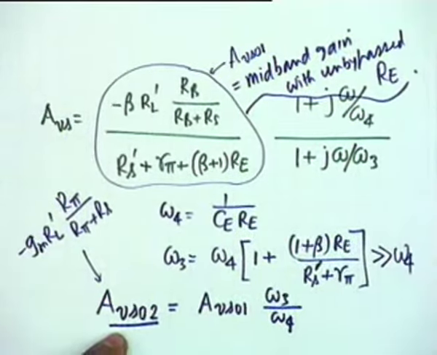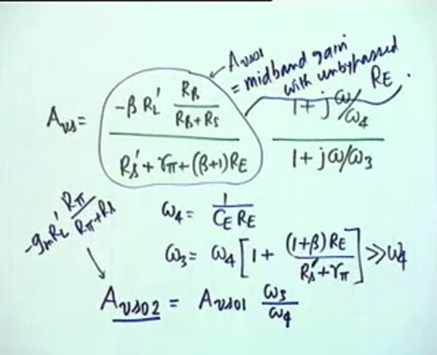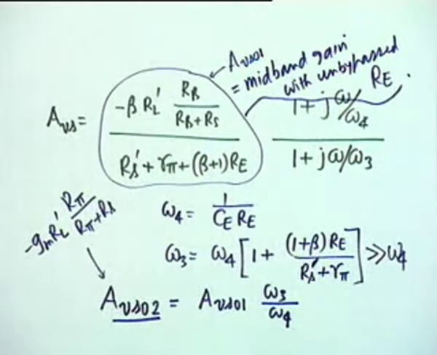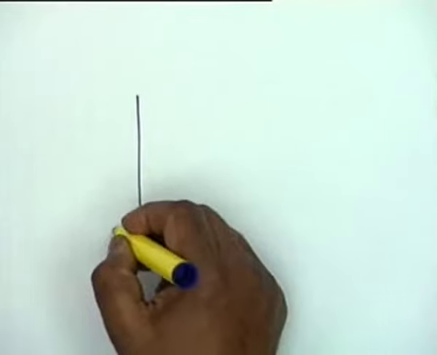But it shows that if we plot this expression, the magnitude versus omega, what kind of a plot shall we get?